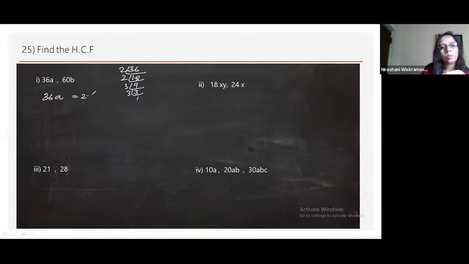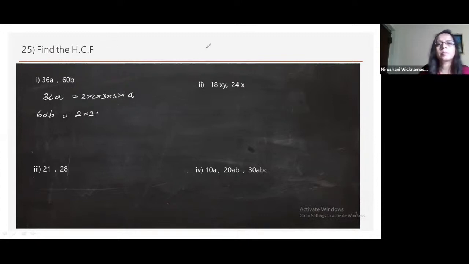So we can write 2 into 2 into 3 into 3 into A. And 60B, so we can write 2 times 2, 4, times 3, 12, times 5, 60, into B.